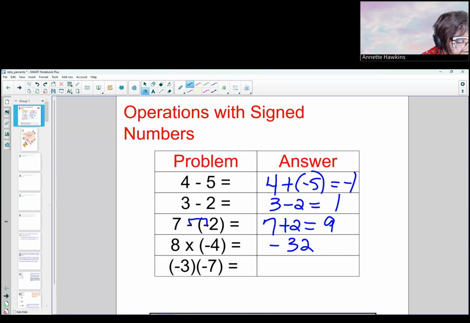A negative times a negative is a positive. Okay. Any questions about these? Any questions? All right, it's good enough.